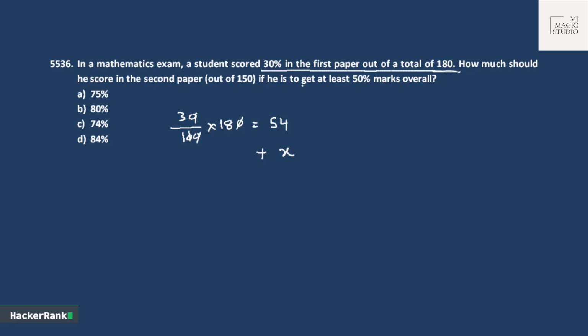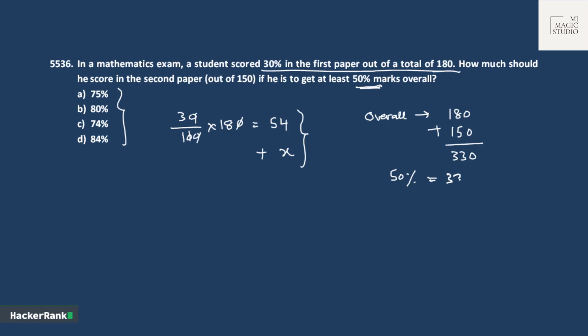Suppose x, if he is to get at least 50% marks overall. So overall paper is of 180 and 150, that is 330. That is 330 by 2, which is 165.